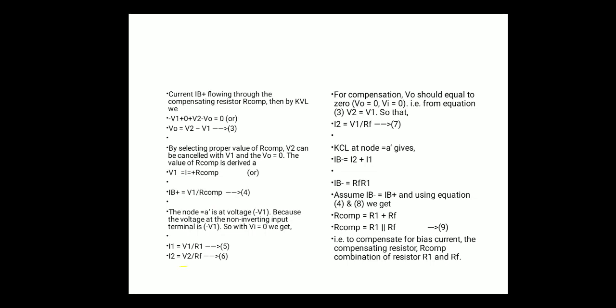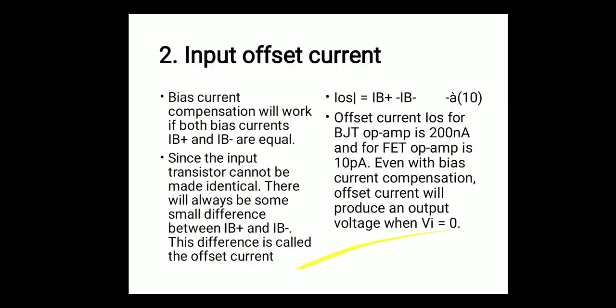Also, the I1 and I2 currents are V1 by R1 and V2 by RF. Finally, on solving all this, we get R compensation equal to R1 parallel to RF. That is, to compensate for bias current, the compensating resistor must be the parallel combination of the resistors R1 and RF.